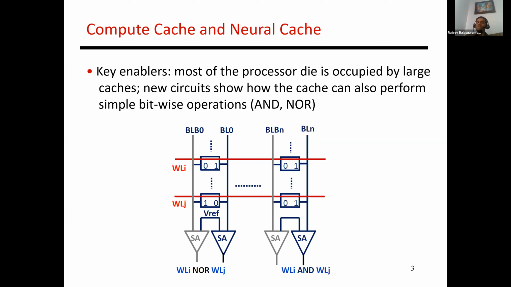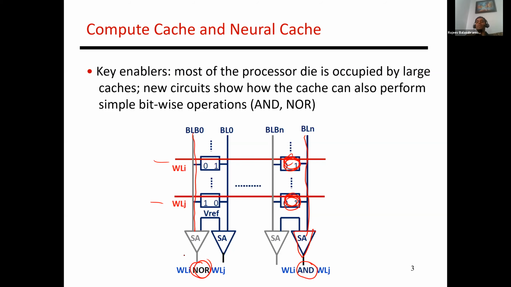So as you can see in this example, this bit line over here is connected to both of these 2 cells because both of these word lines have been activated. And so what this sense amplifier is sensing over here is essentially the AND of the values of these 2 cells, whereas the bit line bar down over here is sensing the NOR of those 2 signals.